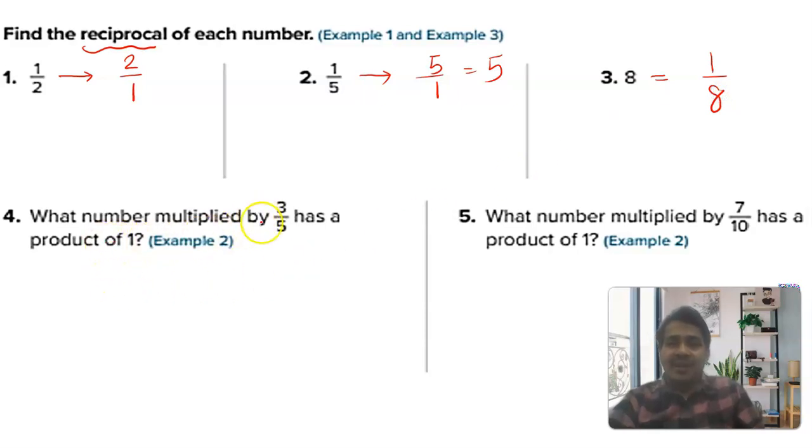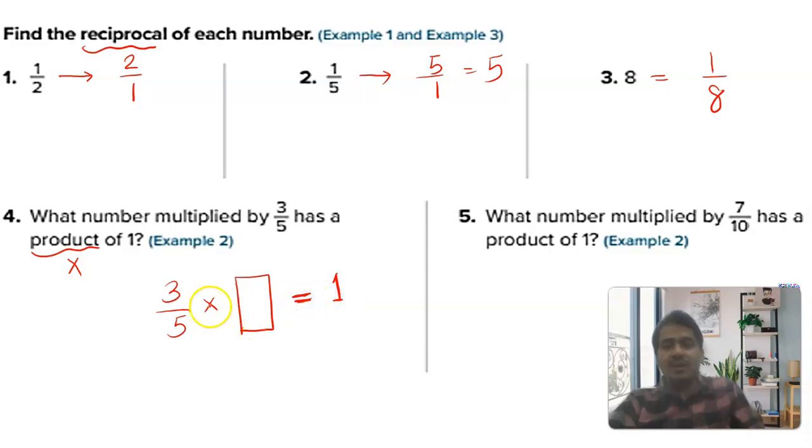What number multiplied by 3 by 5 has the product of 1? Product means multiplication. So 3 by 5 times something equals 1. Now see, we want the answer as 1.